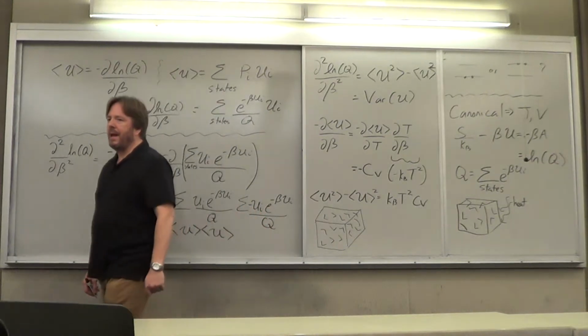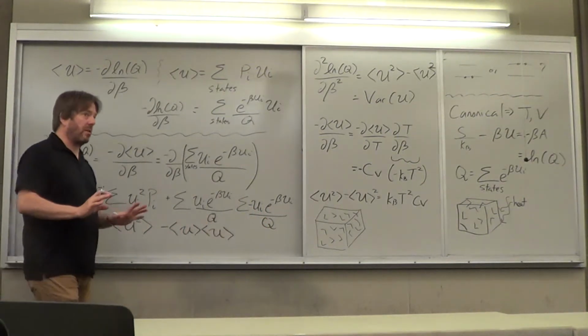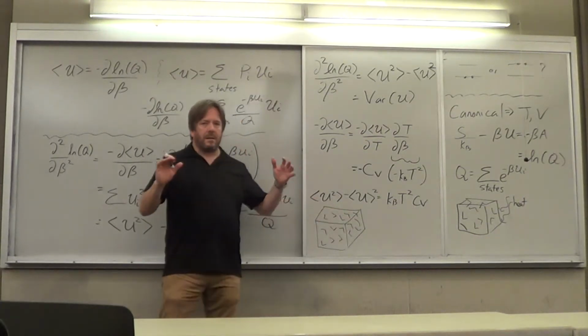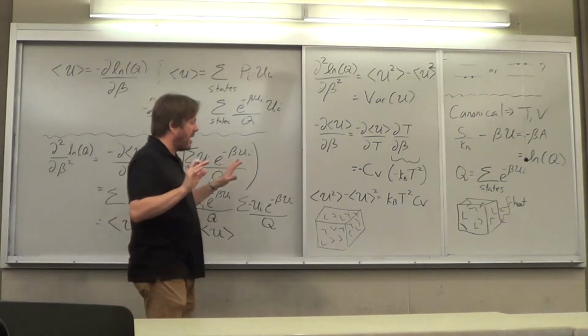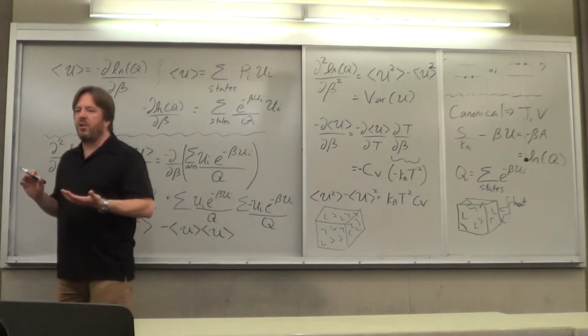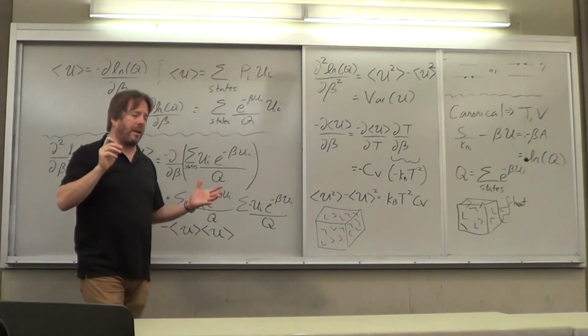When you're looking at molecules interacting, a molecular dynamics simulation is a great way to do it. Remember we're in the canonical ensemble. I am injecting some energy to keep the temperature constant, and U is fluctuating.